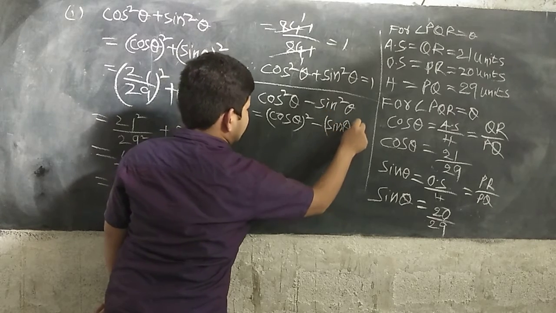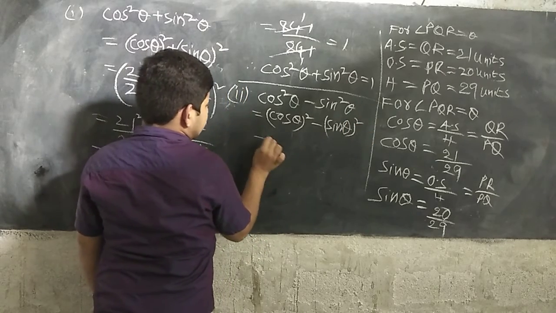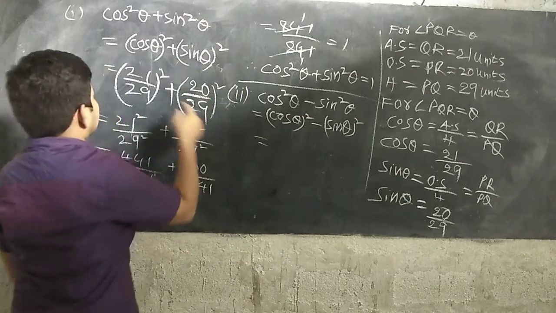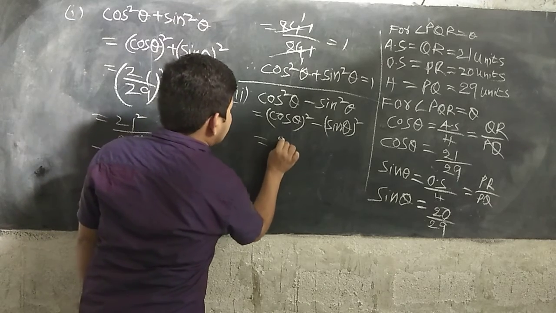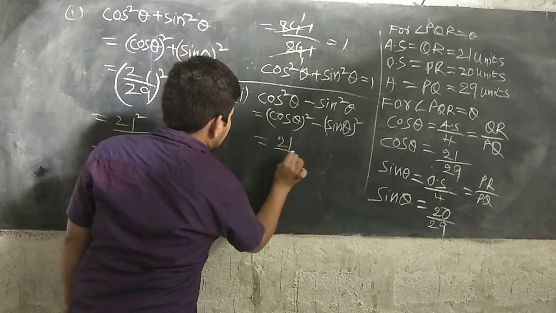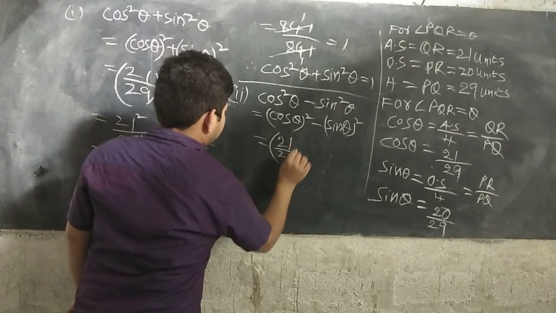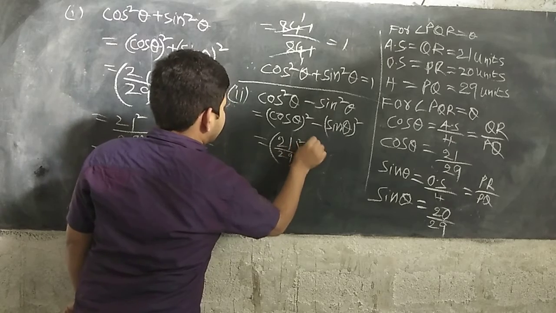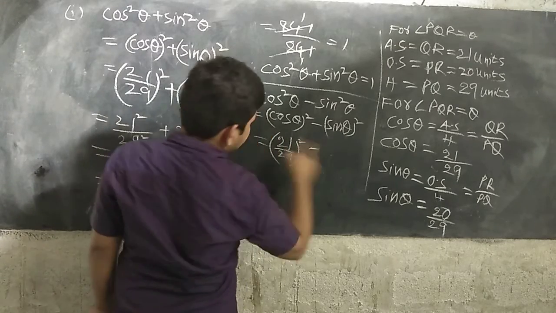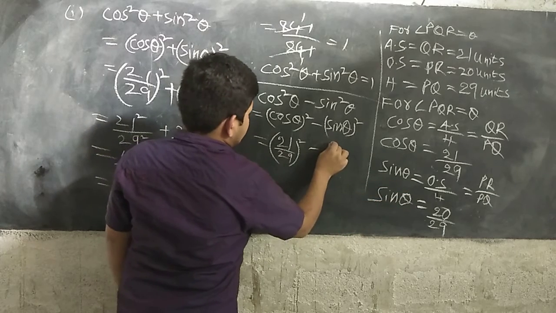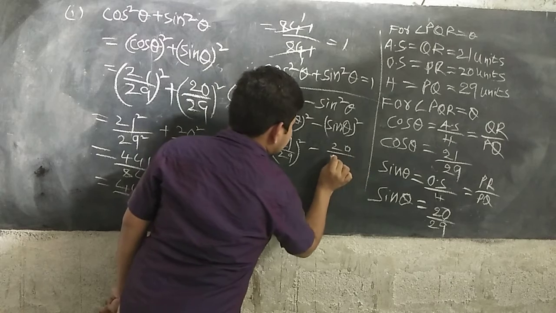Now cos theta equals 21 by 29, so 21 by 29 whole square, minus the sin theta value 20 by 29, whole square.